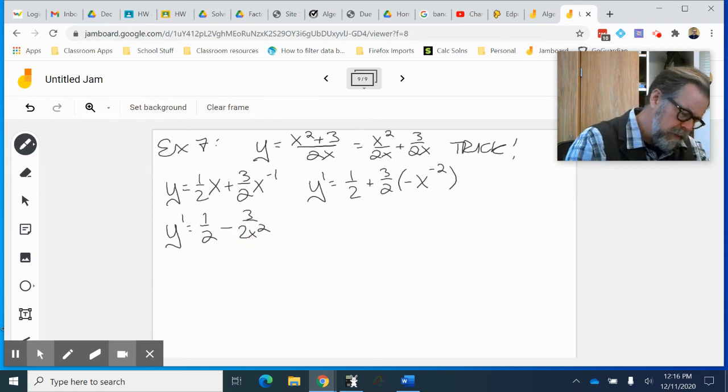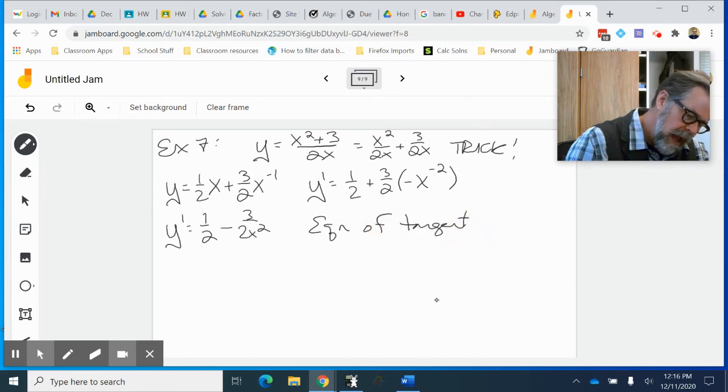And the problem is actually find the equation of the tangent line at x equals 1. So I need a couple pieces of information. I need y prime of 1. And looking at this, I can see it's 1/2 minus 3/2, which is negative 1.